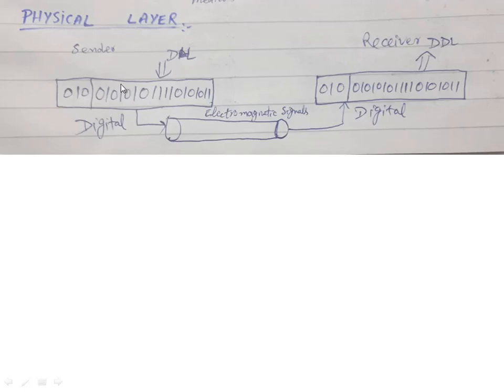Here the data is in the form of bits, and this is the data link layer that transfers this data into digital form in the form of bits 0, 1, and this digital data is converted through this transmission medium into digital data again, and this digital data is transferred or received at the receiver end at the data link layer.